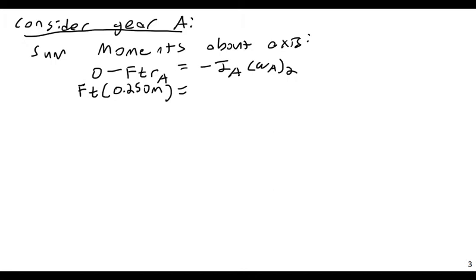If you use both the mass and the radius of gyration, you can find the moment of inertia of gear A, which is going to be 0.400 kilogram meters squared, times omega A 2, the final omega A, I should say.